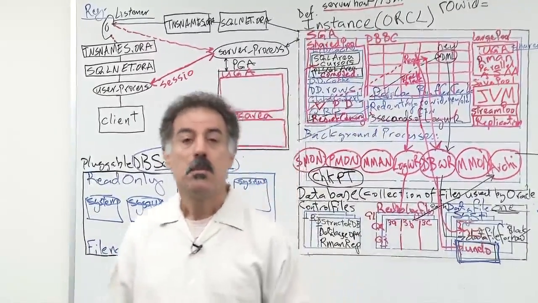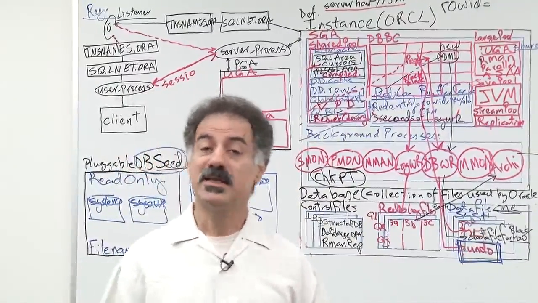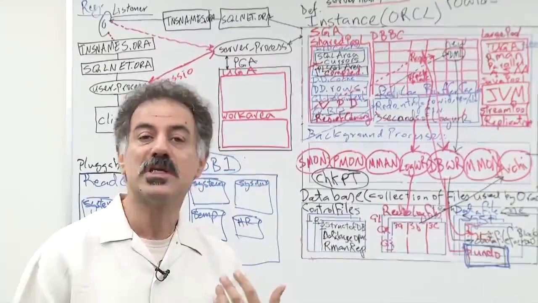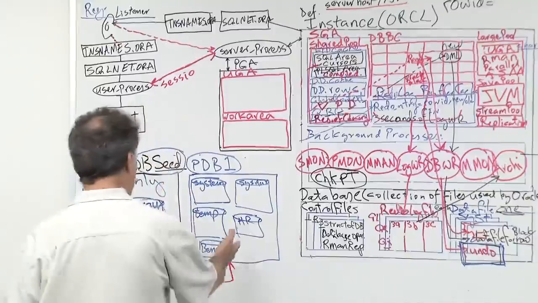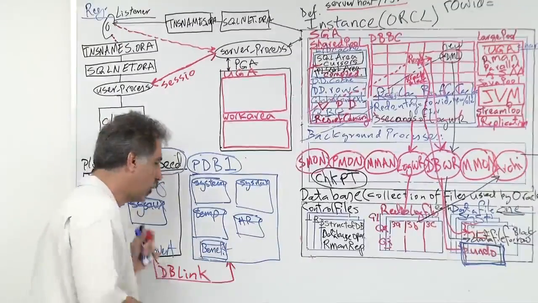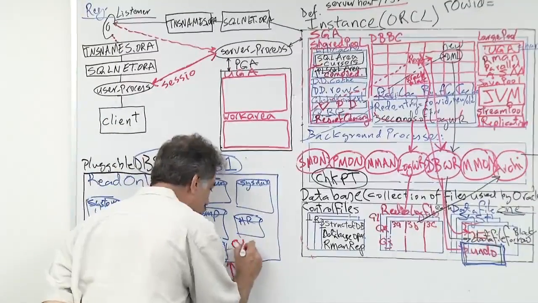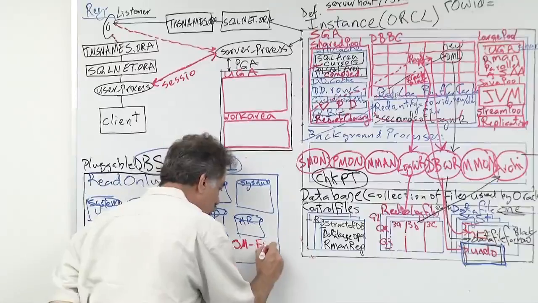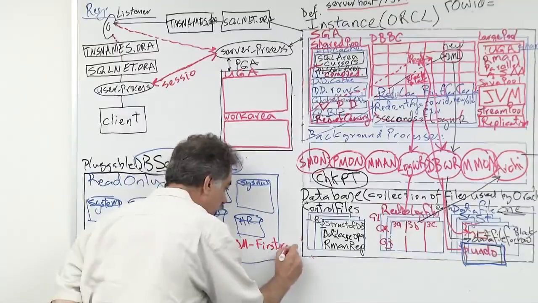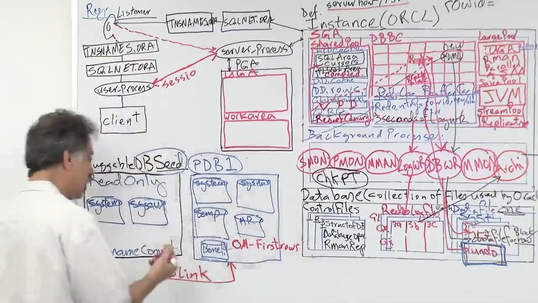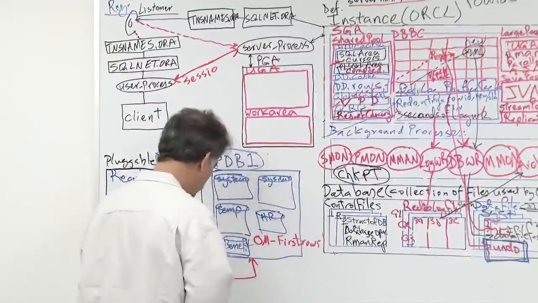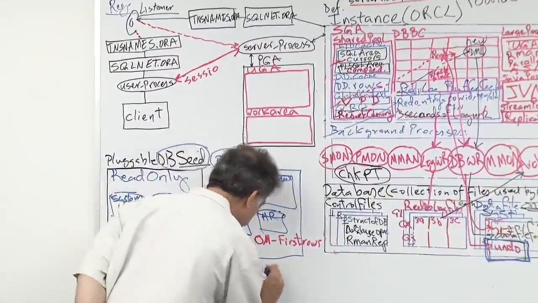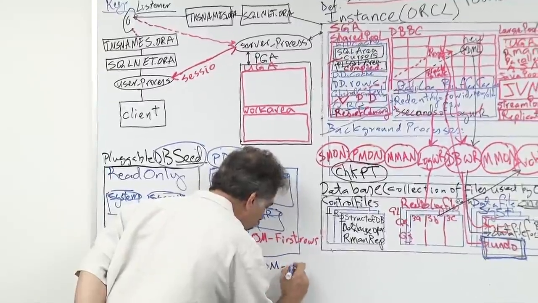However, maybe each PDB has a different requirement for the SQL execution. Maybe in one PDB, I need to set, for example, optimizer mode to first rows, and in another PDB, I may need to set optimizer mode to all rows.